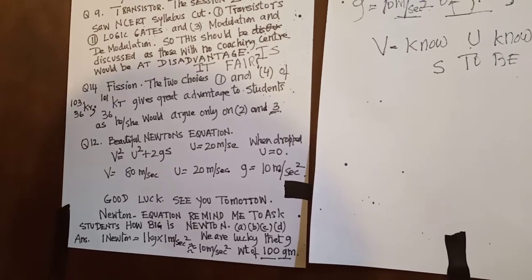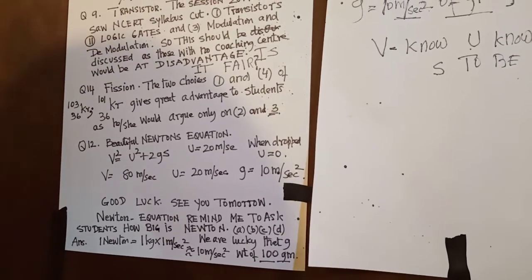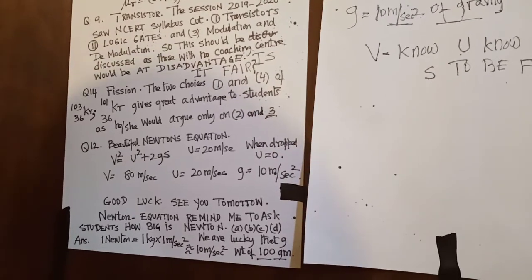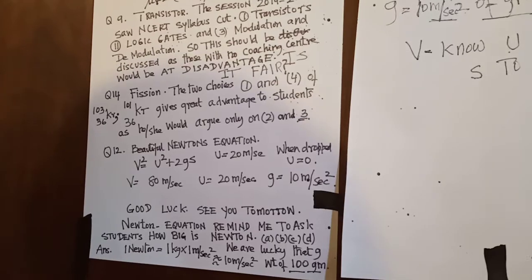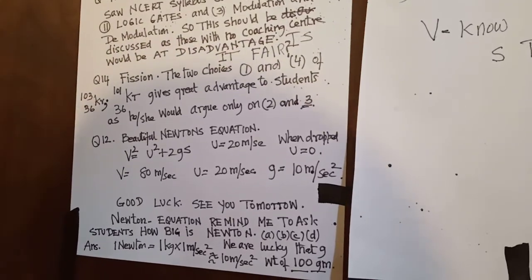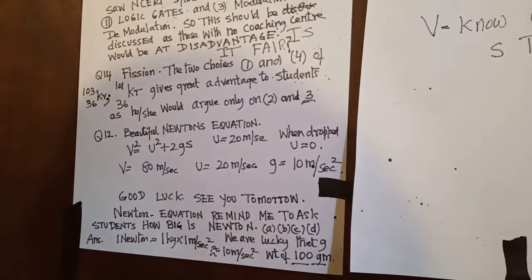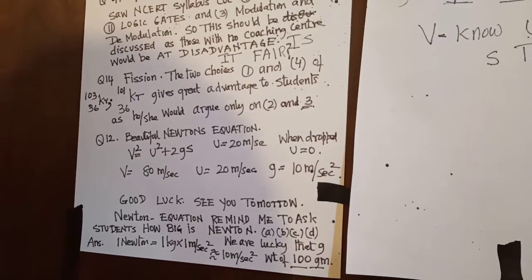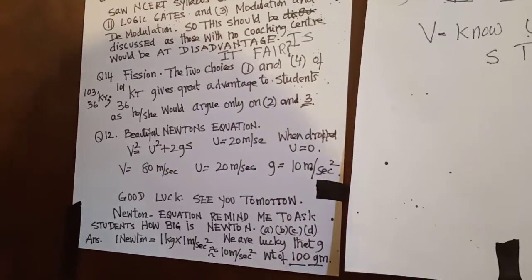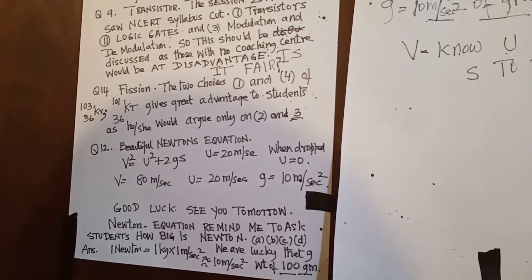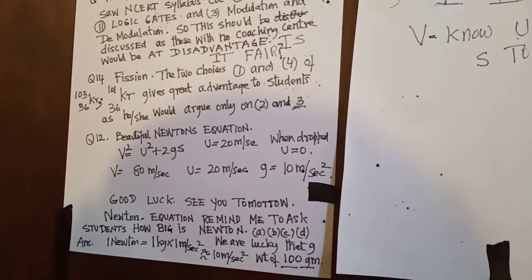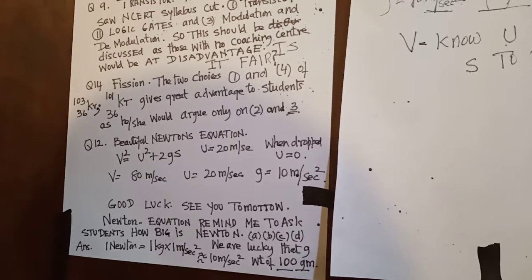So the other question is question 14, on fission. There is some confusion in this, because the two choices, 1 and 4, dealing with krypton 103, 36 and krypton 101, 36, are already there.